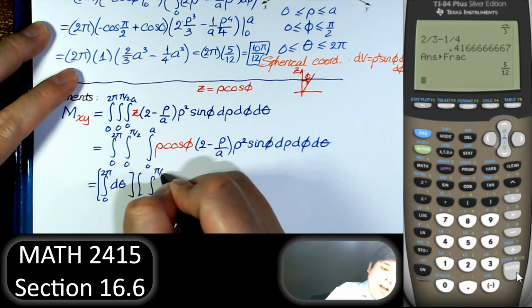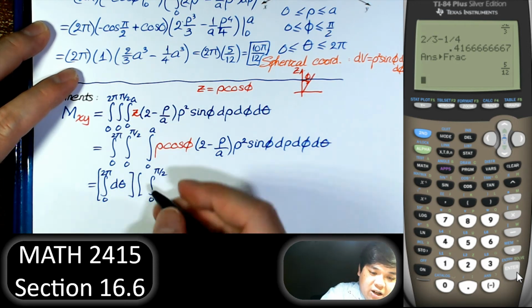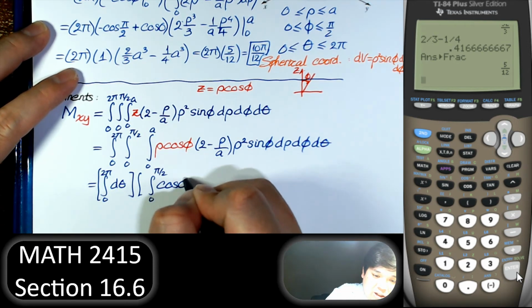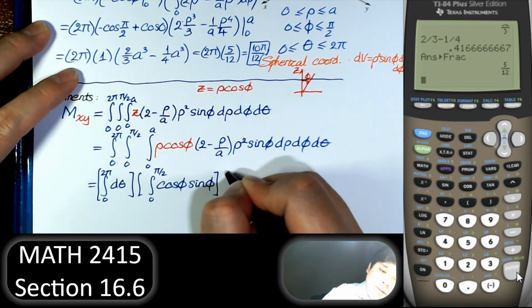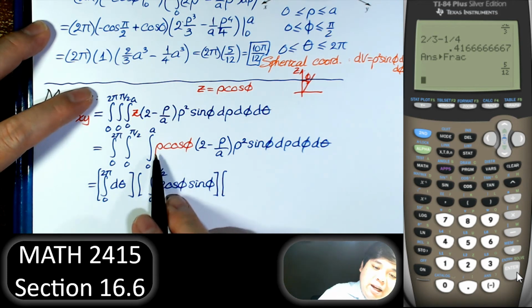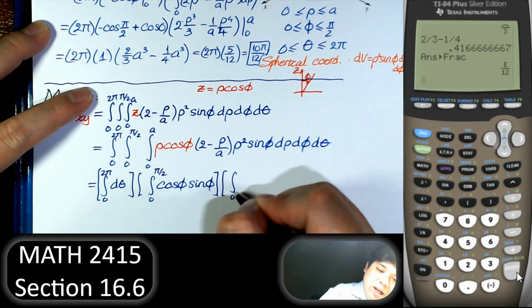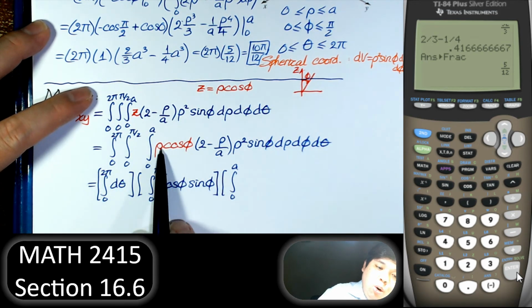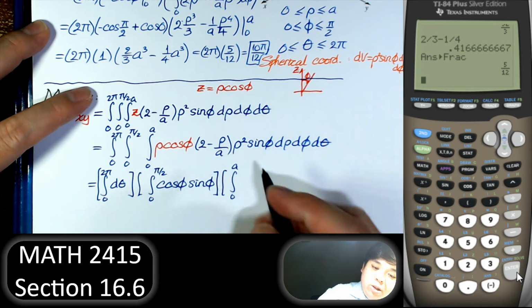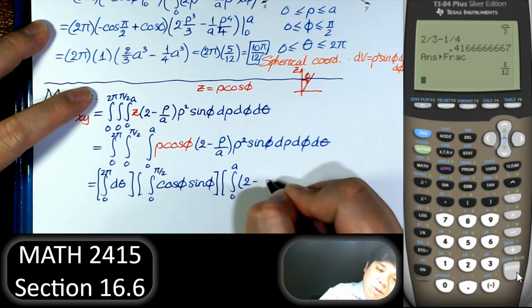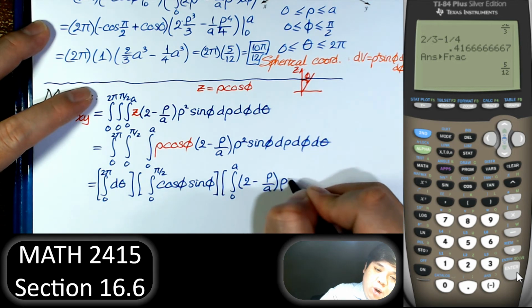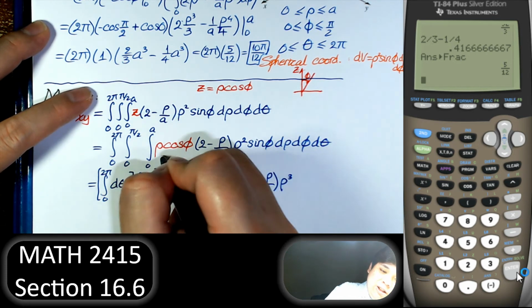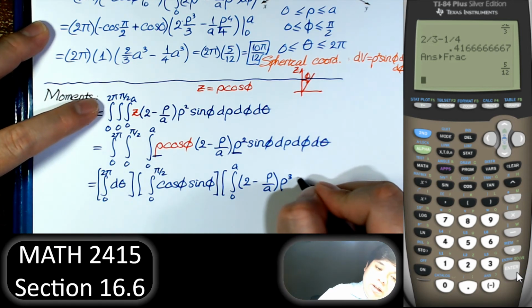For phi, we have cosine and sine. And then we have 0 to a, rho times rho squared is rho cubed, 2 minus rho over a, rho cubed, d rho.